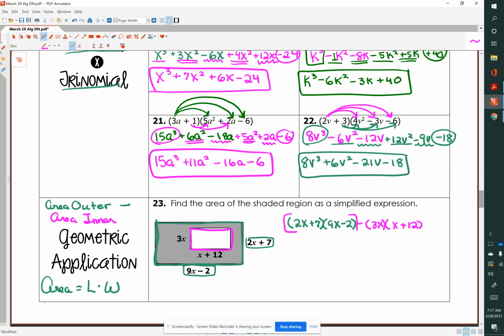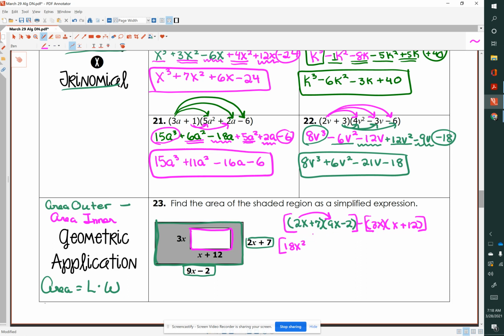We've got to solve each of these problems first. After we solve these problems, then we subtract them from each other. So we're going to be multiplying binomials in the first one. So first, 2x times 9x is 18x squared.